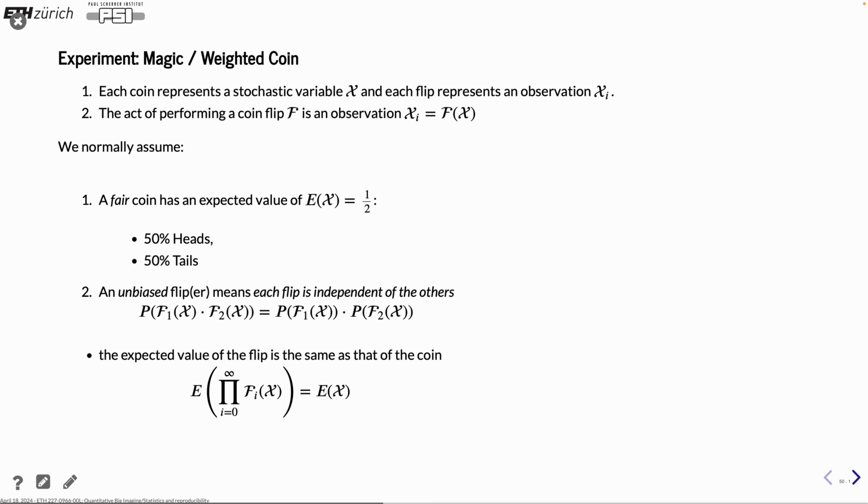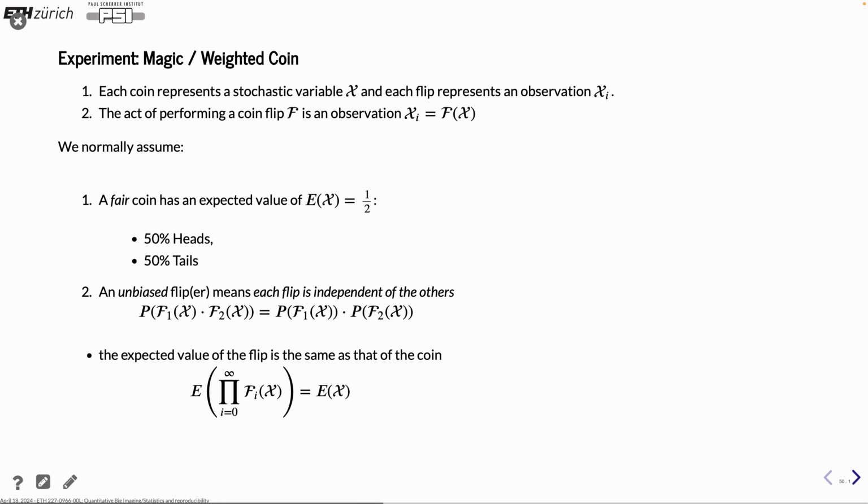So let's look at the experiment with a magic/weighted coin. Each coin represents a stochastic variable x, and each flip represents an observation xi. The act of performing the coin flip is f, so an observation xi is the same as f of x.